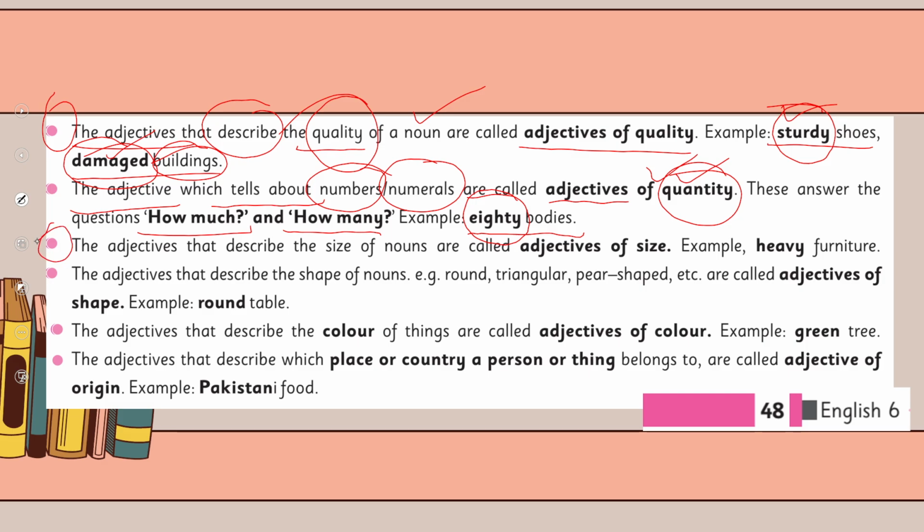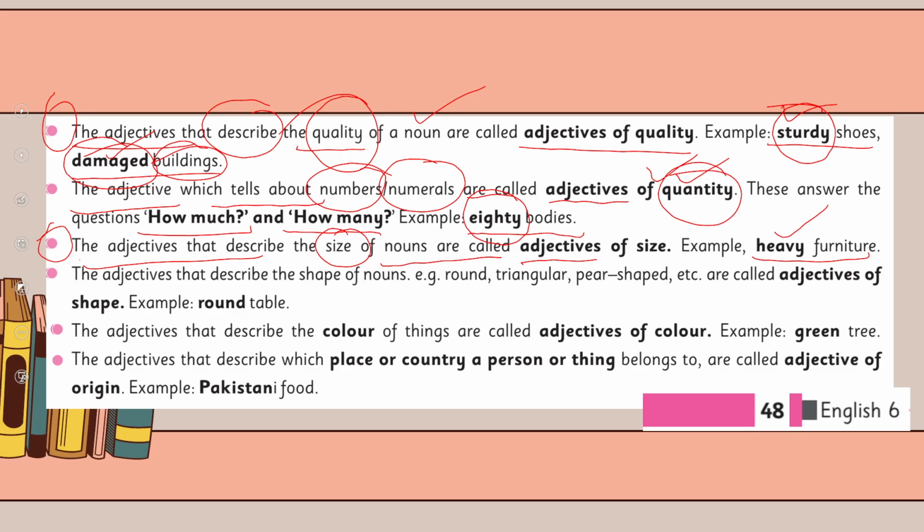Next one is the adjectives that describe the size of nouns. They are called adjectives of size. For example, heavy furniture, small furniture, etc. Now it tells the size. Something is heavy because it is huge in size.